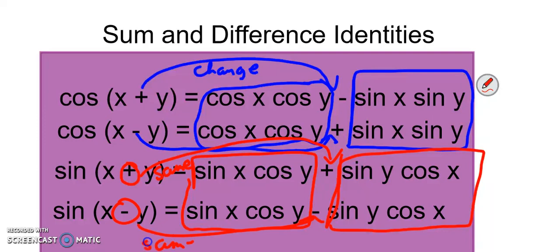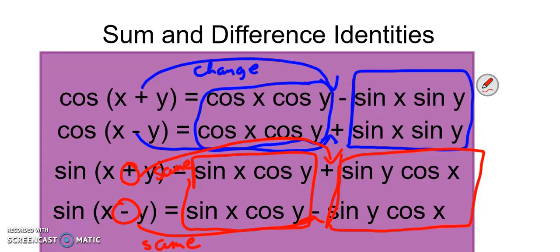So for these, really, it's not as bad as it looks because it's just dealing with sines and cosines. Just the cosines, they stay together for the cosine portion of it. Cosine of x plus y or cosine of x minus y. The cosines stay together, the sines stay together, and then the sign changes.